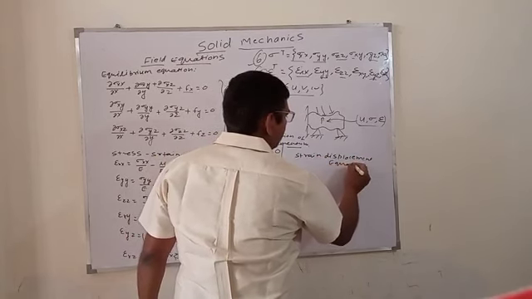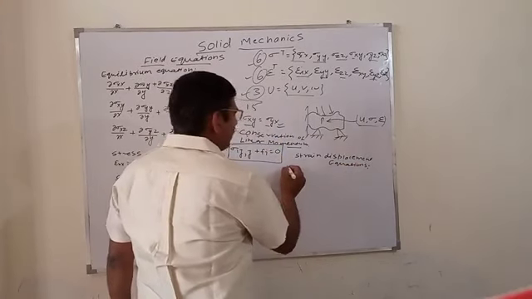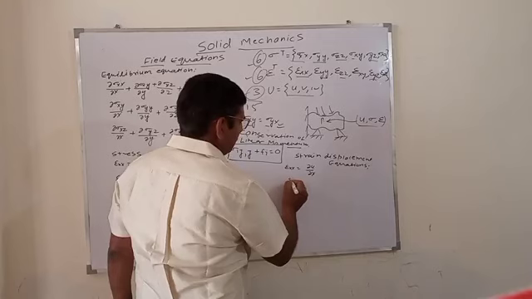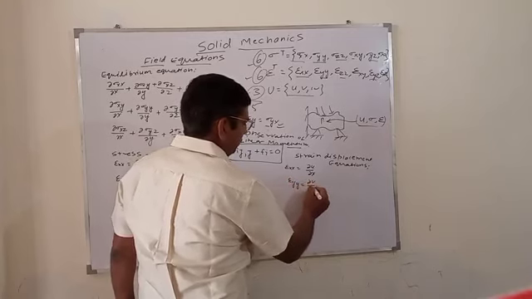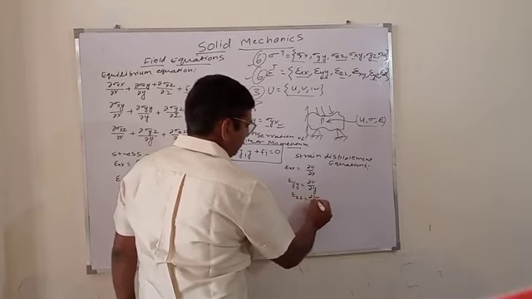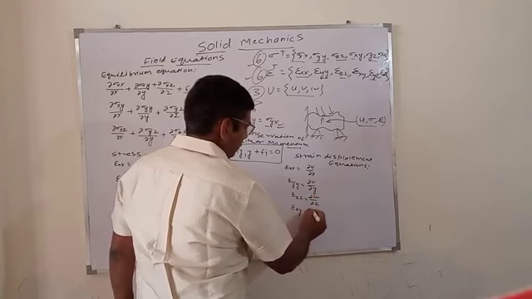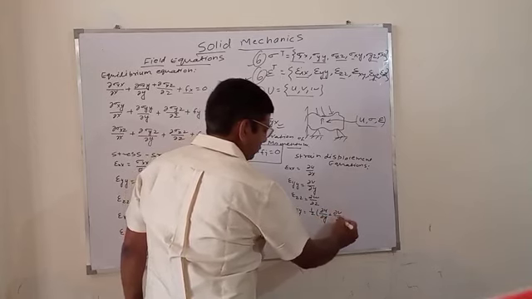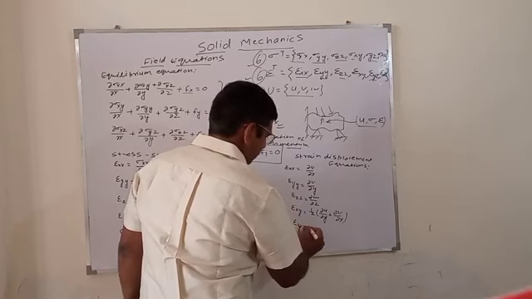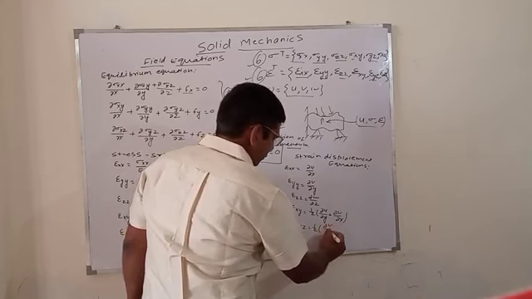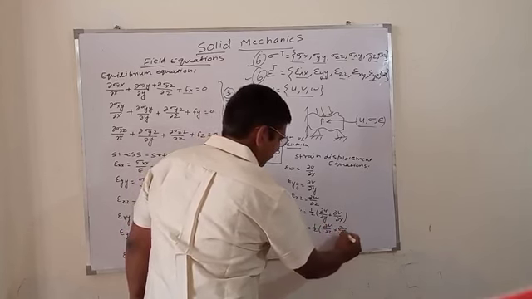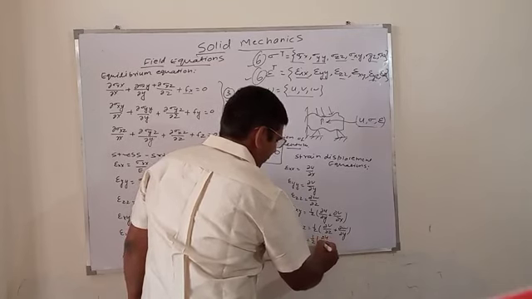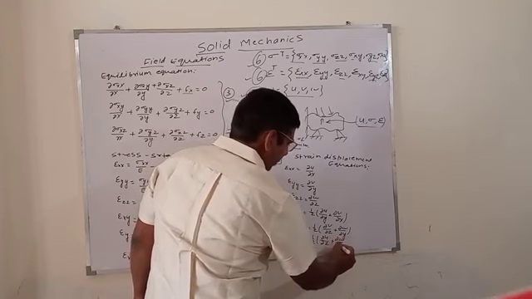For example, epsilon xz is equal to half into del u upon del z plus del w upon del x.